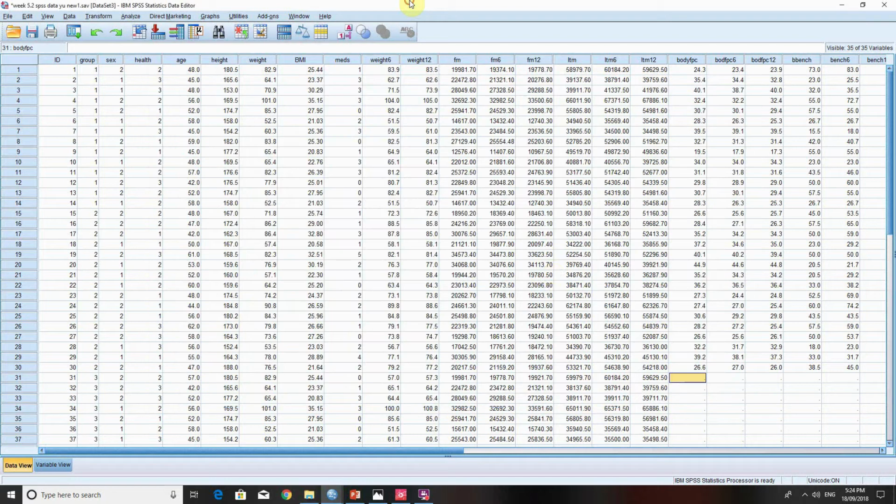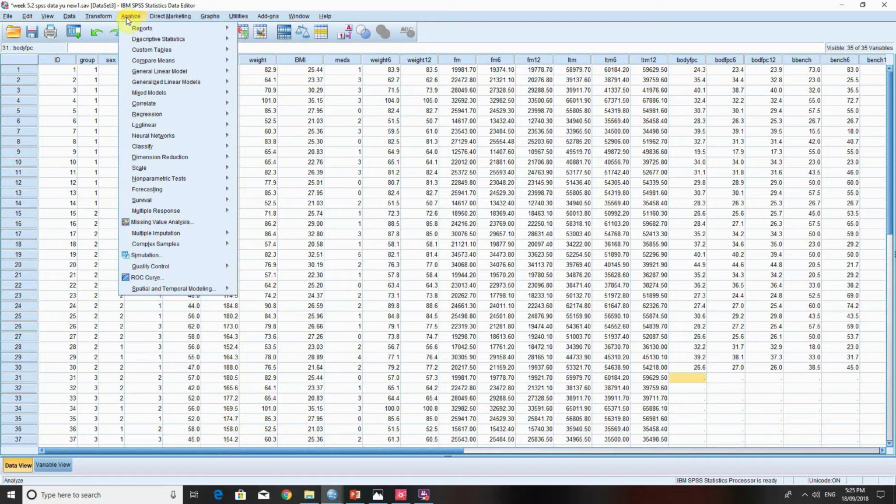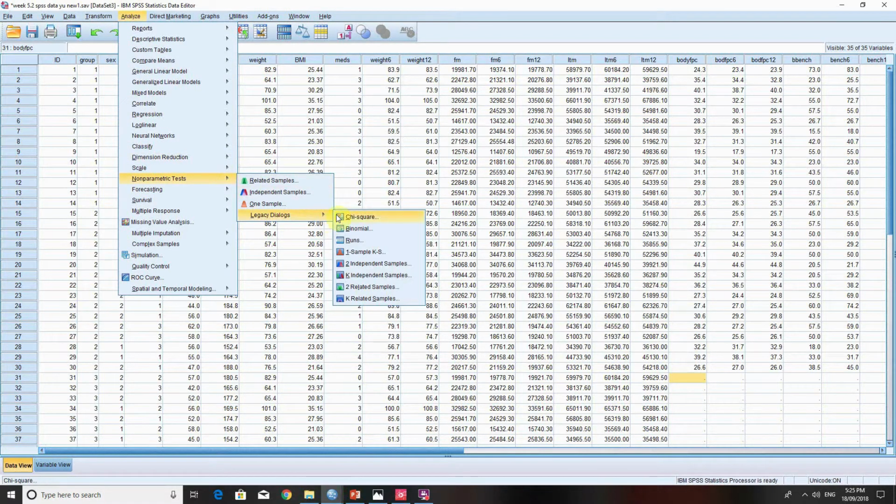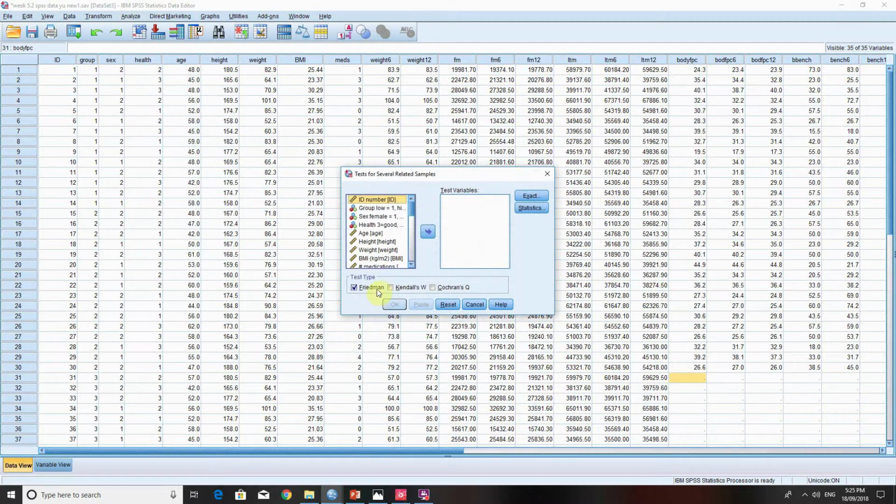So I'll show you quickly how to do a Friedman's ANOVA. Let's go to Analyze, Non-Parametric Tests and Legacy Dialogues, and we would go to K-related samples if we were doing a Friedman's ANOVA. Let's just say if fat mass was abnormal, we could put all 3 into this box and have Friedman ticked and press OK.